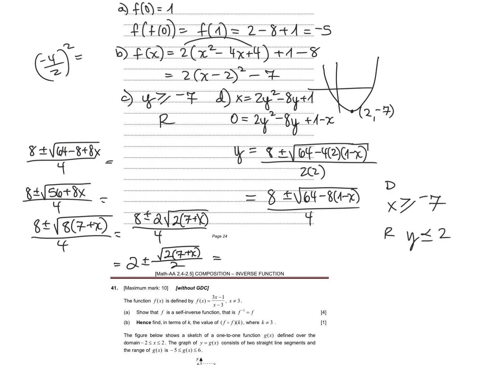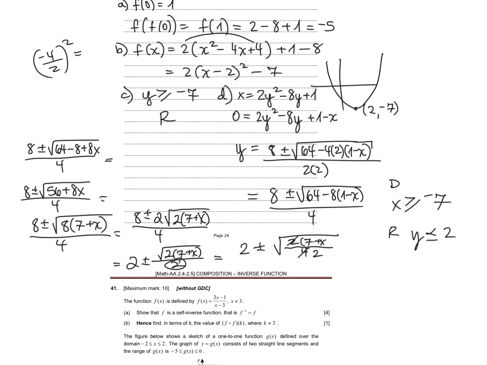So here I just wanted to do it down to what they had. So now we have 2 plus or minus the square root of 2, (7 plus x). If I bring this under a square root, that becomes 4. Okay, so that's where they get the 2. And yes, they are right, it should be the -1, because our original function is good for x less than 2, so this doesn't count.